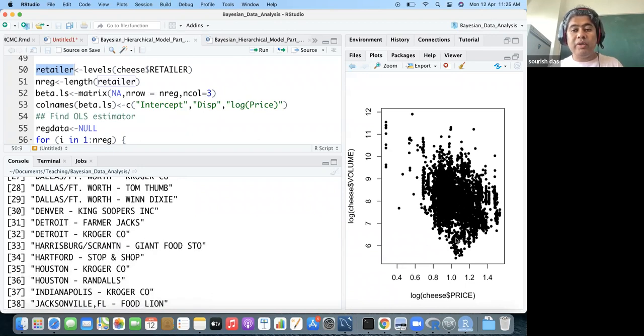And if you plot them, you will see one group is here, another group is here. And naturally, you don't want a single linear regression model for everybody, because that will satisfy neither this group nor this group.